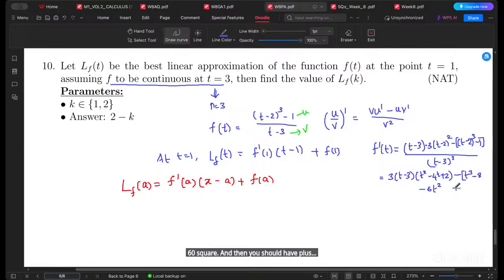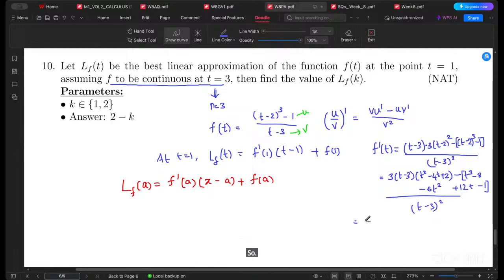And then ma'am, minus 40 is left. Here 12t. This is the first part, right? And then minus 1. Correct? And then you have to simplify this whole term.